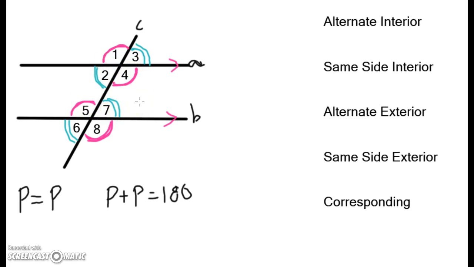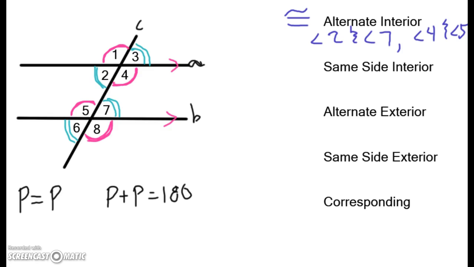So for this, you're looking at angle 2 and angle 7, or angle 4 and angle 5. Angle 2 and angle 7 are the same color, and angle 4 and angle 5 are the same color. So alternate interior angles are always congruent. I'm going to put a congruent symbol there.